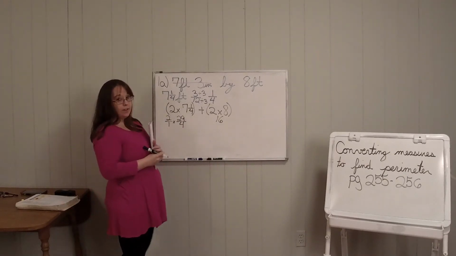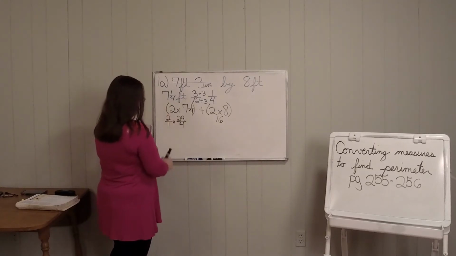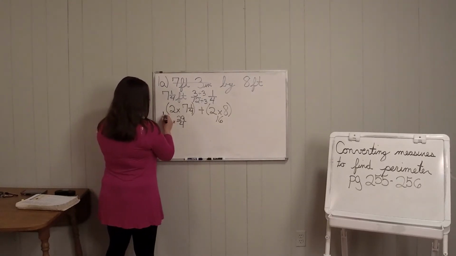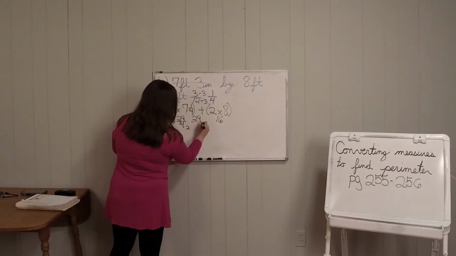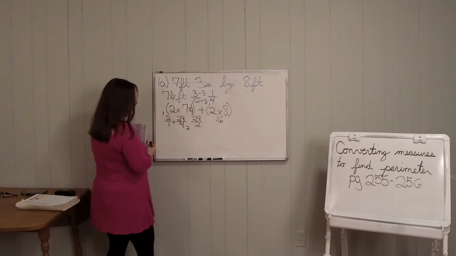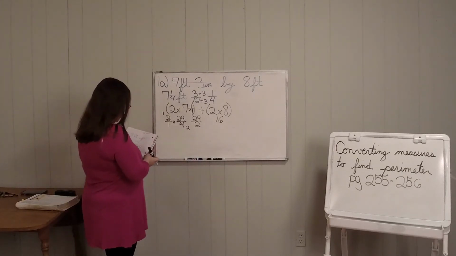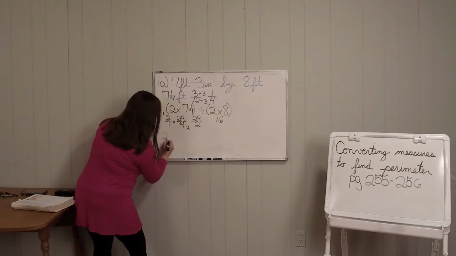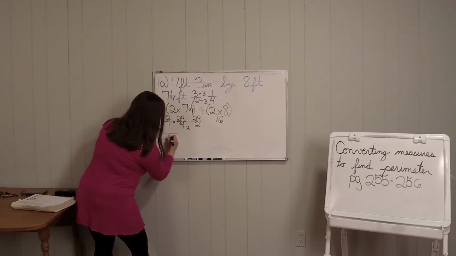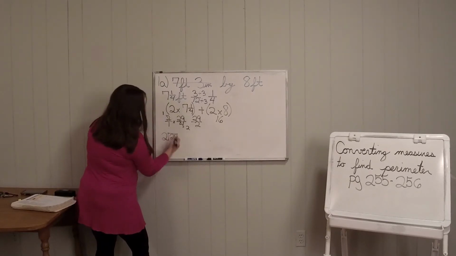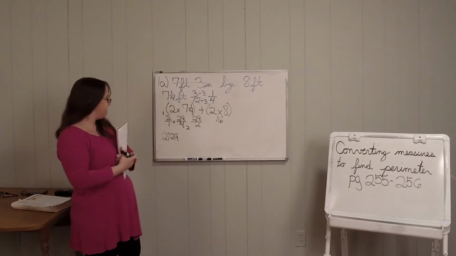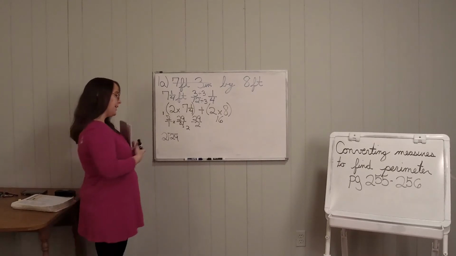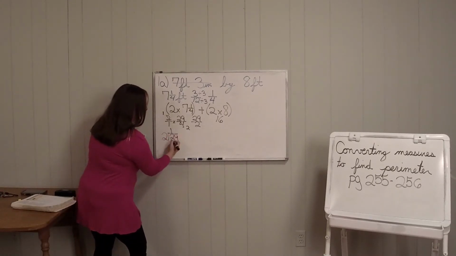And I did not reduce, but you can reduce the 2 and the 4 to be 1 and 2, and it'd be 29 over 2. Well, then you need to fix that improper fraction. Do that division problem. Let's see if you did your division correctly.